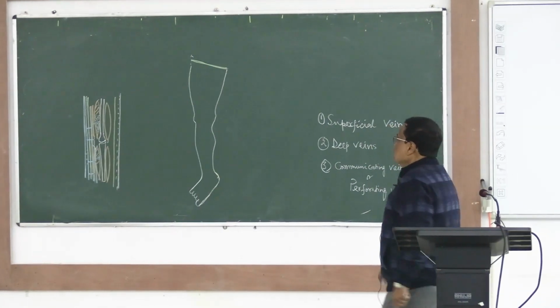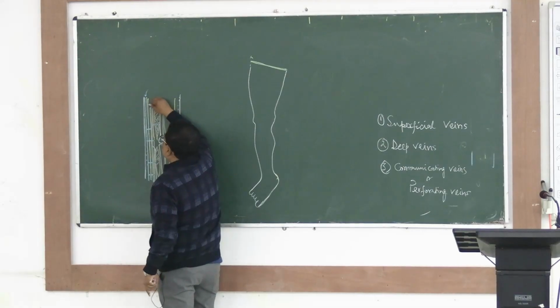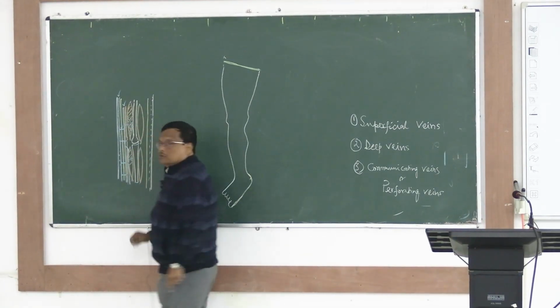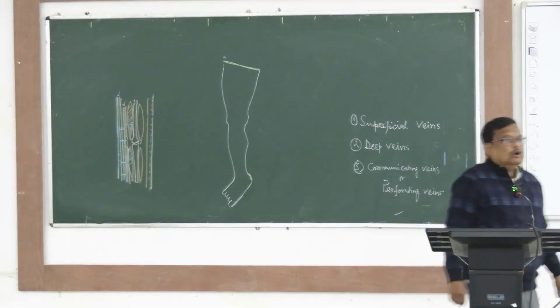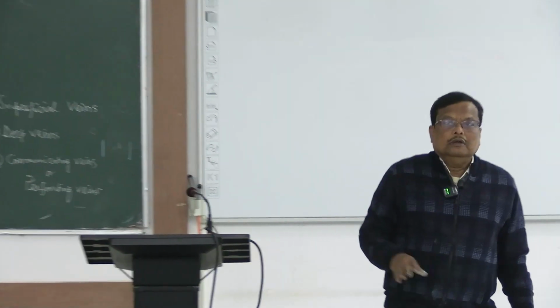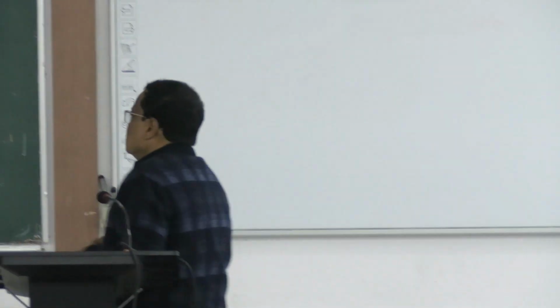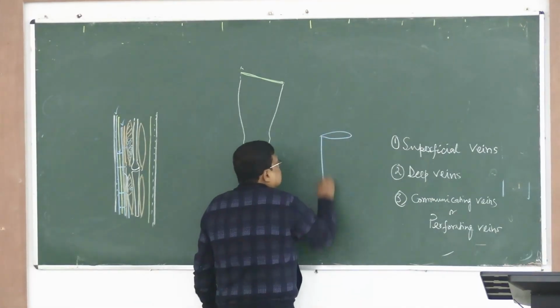So, there are three types of veins: superficial veins, deep veins, and perforators. What is the importance of this? All the veins of the inferior extremity have valves.